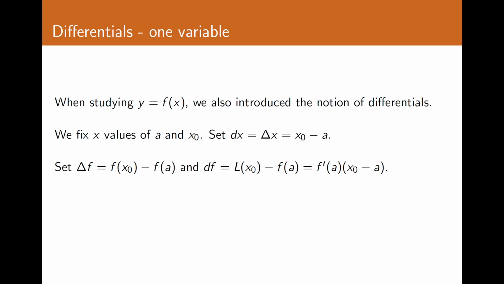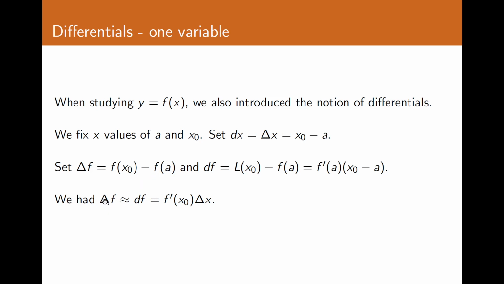df, on the other hand, is L of x0 minus f of a. By the equation for L of x, if we plug in x0, we see this is equal to f prime of a times x0 minus a. We denote this as df. This is the approximation to delta f, and we can actually calculate df.